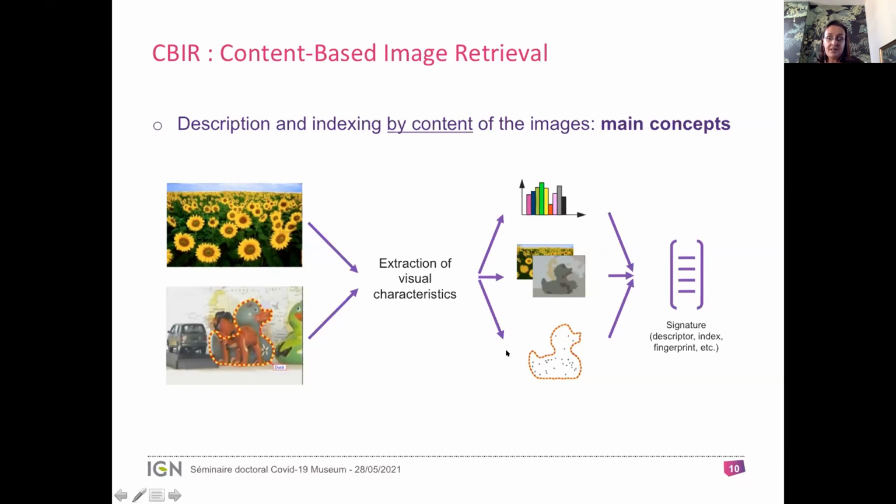And finally, the image is represented by a multidimensional vector, or a set of multidimensional vectors, that include a description of such visual characteristics. Then each image is described with these vectors, and we can compare images, retrieve images, compare an image with a model by using such information.